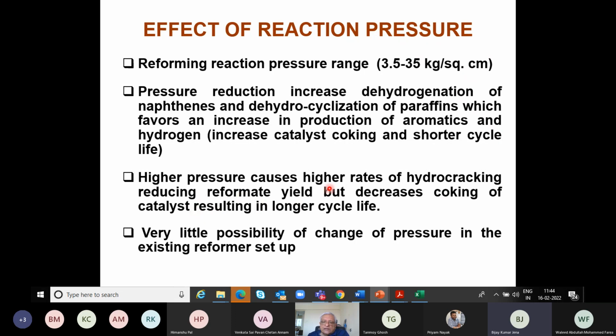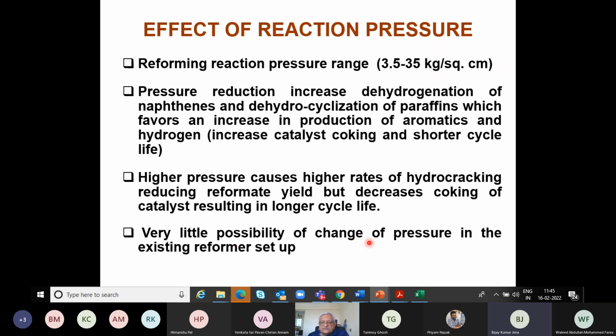So again, there's a compromise between coking and hydrocracking. So in low pressure operations, like in CCR reformers, we take advantage of a lower pressure. At a lower pressure, we suppress the hydrocracking. But the coking goes up. And that's okay because then we have continuous regeneration anyway.